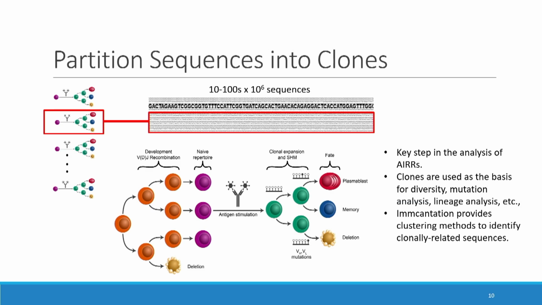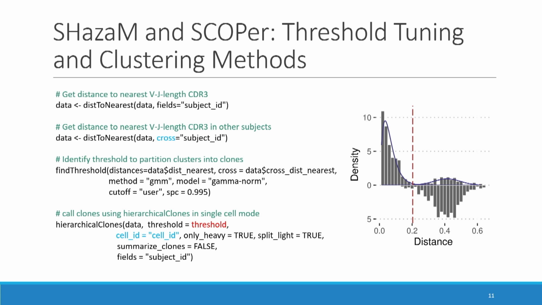Clonal clustering, of course, is an important part of the analysis, partitioning your sequences into clonal groups. Clones are used as the basis for things like diversity analysis, mutation analysis, and reconstructing lineage trees. We've developed a lot of methods and incorporate multiple different approaches to identifying clonally related sequences within Immcantation, and supporting the thresholds for clonal clustering.